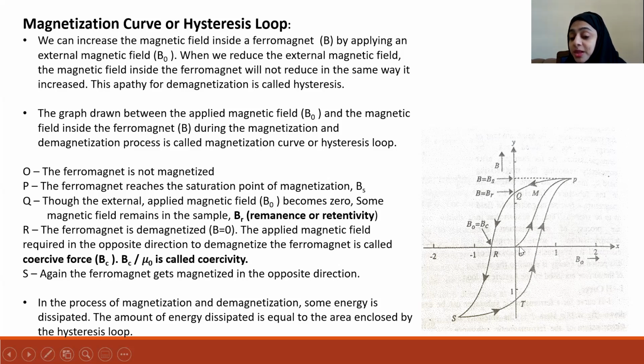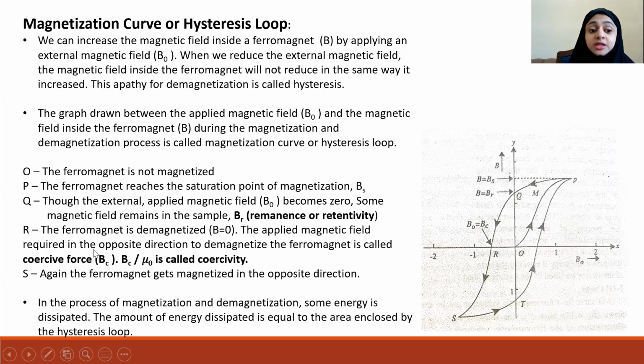So as we increase B naught, B increases, as you can see, along the curve OP. When you apply the magnetic field, the ferromagnet gets magnetized. The magnetic field inside the ferromagnet also increases until it reaches a point P.